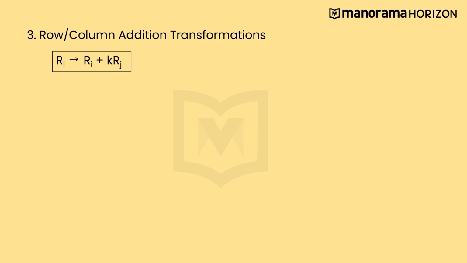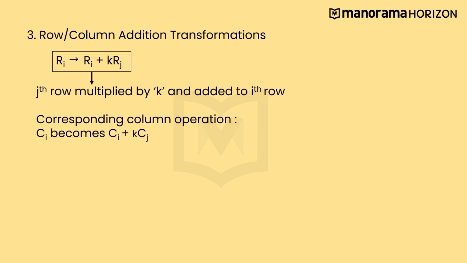Here it implies the jth row is multiplied by a constant k and then it is added to the ith row, and its corresponding column operation is given by Ci becomes Ci plus k into Cj. Remember that this transformation affects only that specific row or column.